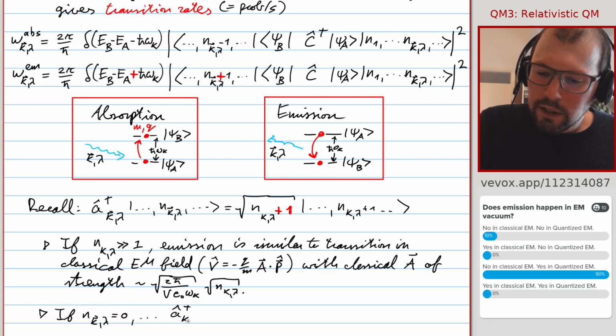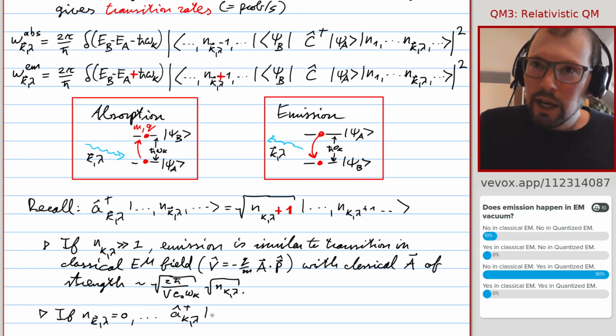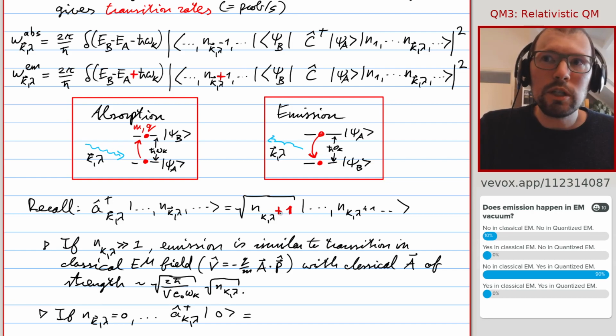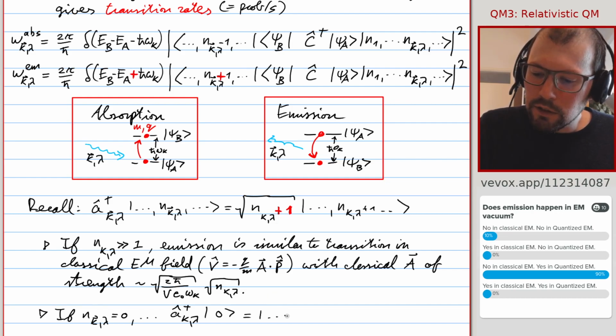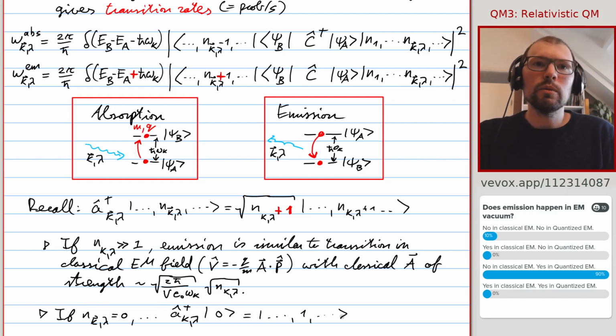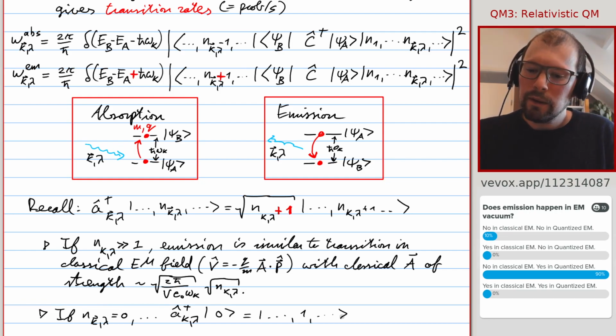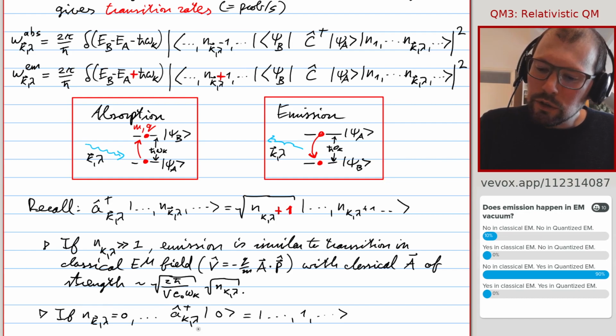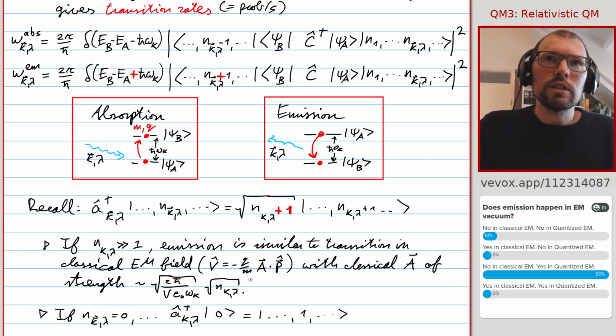But now, in the quantum setting, I have that the creation operator acting on the vacuum state in this particular setting is not 0, but, well, you get a 1 because of the +1. So this is really the state where I have 1 photon in this particular wave mode. So the interaction operator does not vanish in the quantum setting.